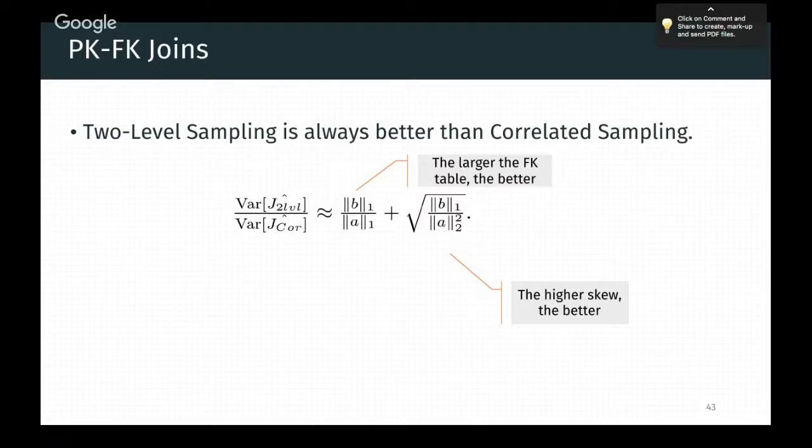The second term says that the more skewed the foreign key table is, the better our two-level sampling will perform compared to correlated sampling. In practice, foreign key tables are always much larger than primary key tables, so we always have this advantage.